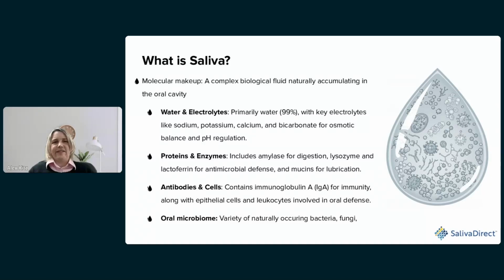It also contains a lot of proteins and enzymes, for example, amylase for digestion and other enzymes that help with antimicrobial defense and lubrication. Also, we can find in saliva a variety of antibodies and cells. There's a lot of IgA for immune responses, as well as epithelial cells and leukocytes involved in oral defense mechanisms. And then on the flip side, there's the oral microbiome with a variety of naturally occurring bacteria, fungi, and viruses.